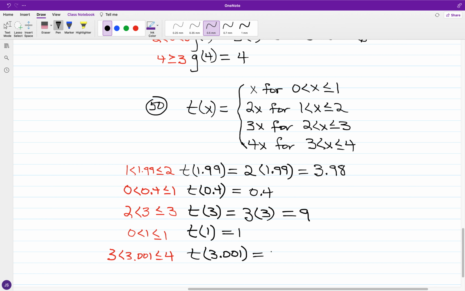So in this case we have the 4x treatment, where we have 4 times 3.001. And so for this output, this is going to become 12.004. And that'll be the final answer for what we have among these compositions.